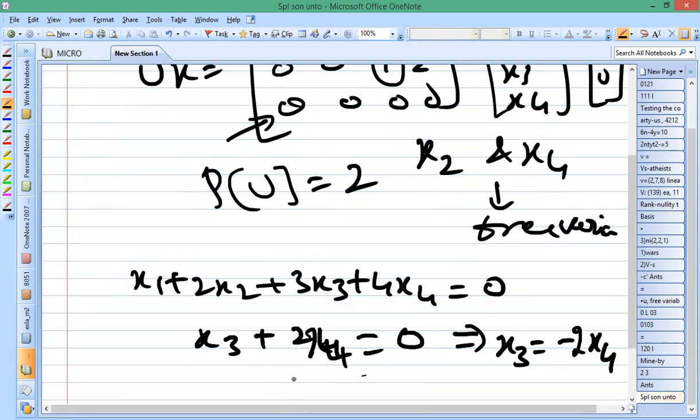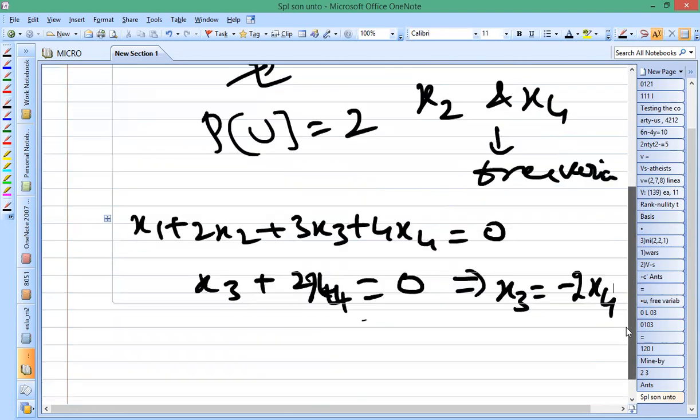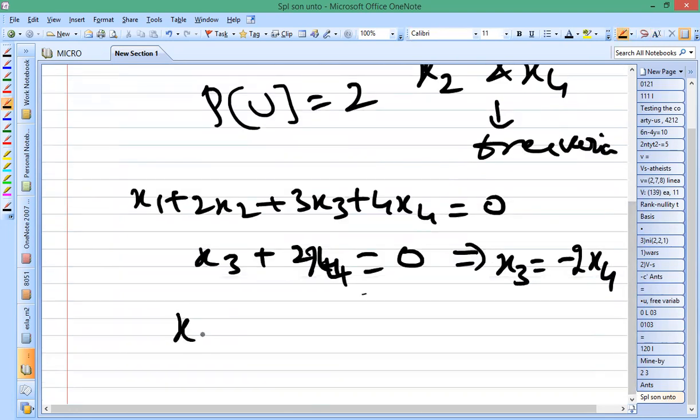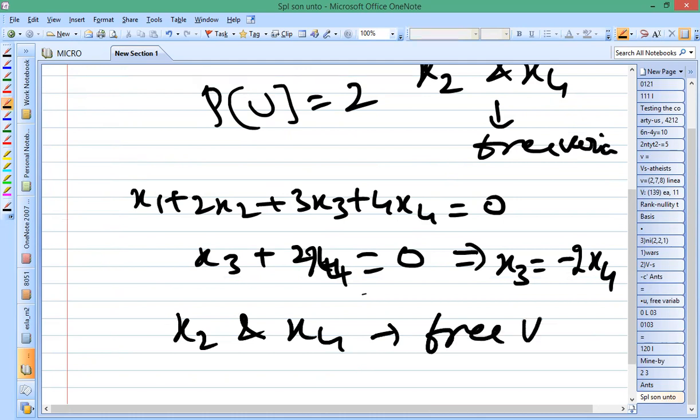And as we know, x2 and x4 are free variables. Having this in mind, we'll go for writing the special solution.